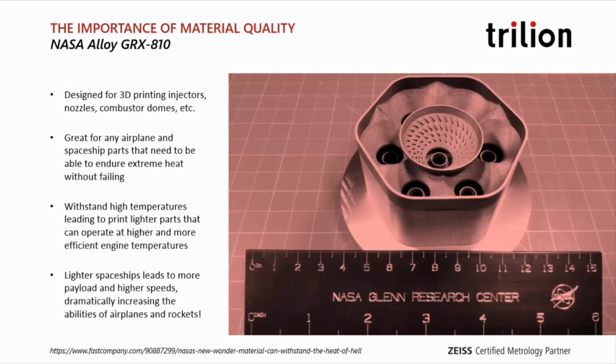But at the same time, material quality also surfaces needs that we may have depending on the application. So what I'm showing right now is the NASA Alloy GRX-810. For one, I'm partial because we work very closely with NASA Glenn. But this material in particular was developed to withstand certain temperature requirements as part of a 3D printing process.